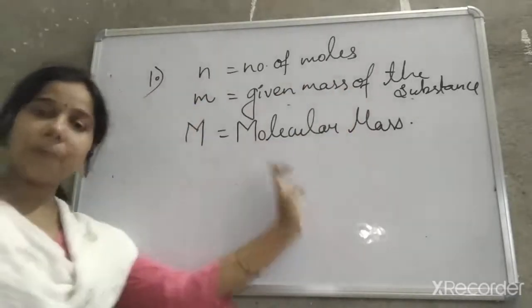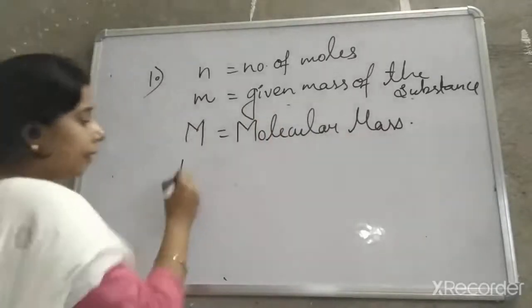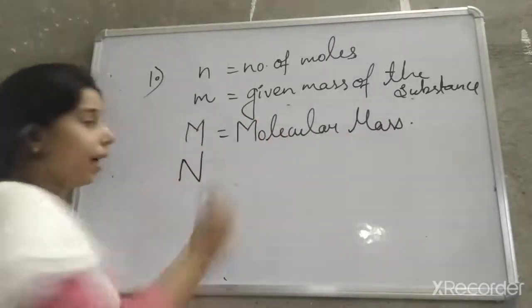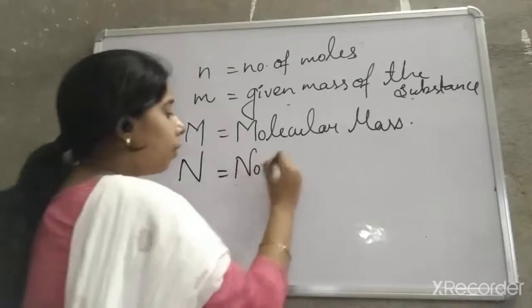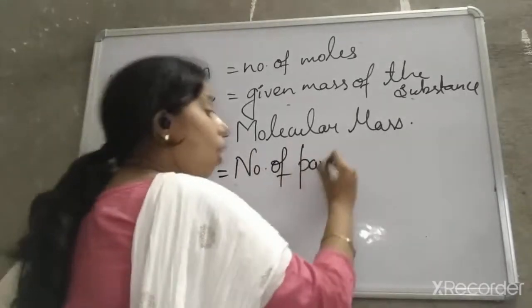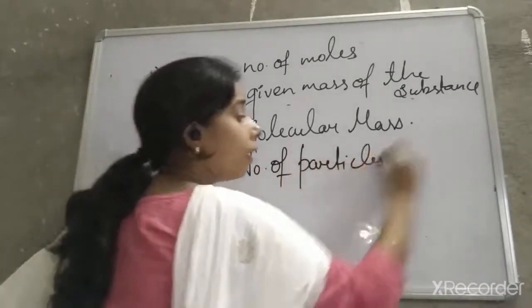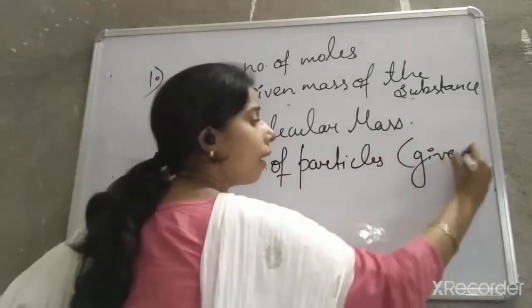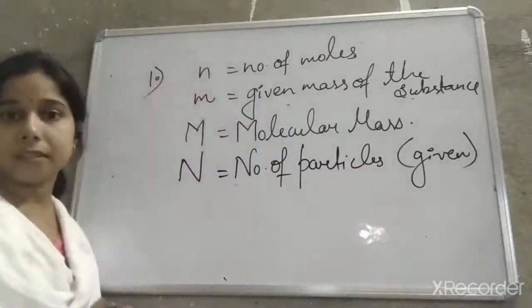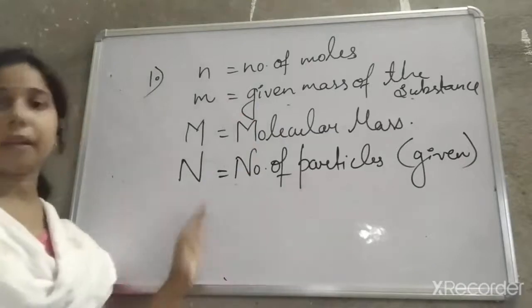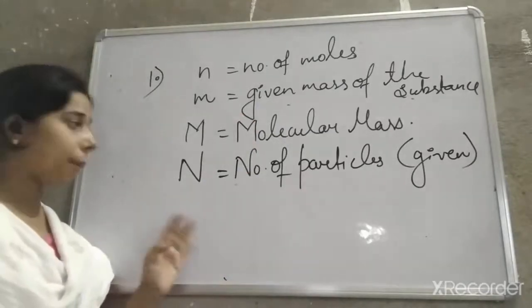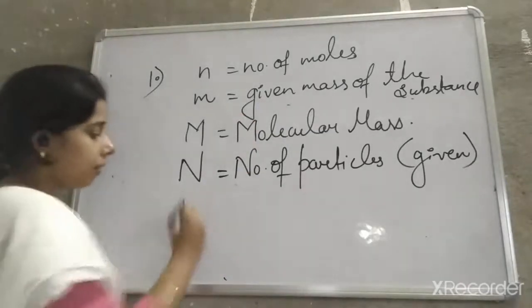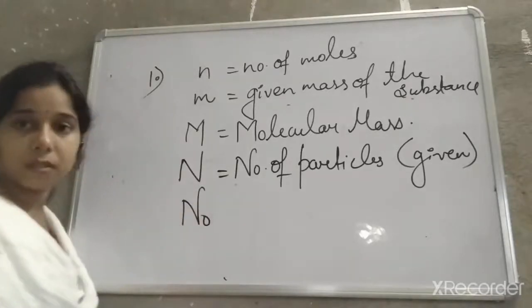Capital M represents the molecular mass. Capital N represents the number of particles, or we can say the given number of particles. Okay, so the given number of particles will be represented by capital N. There is another term, that is N naught.